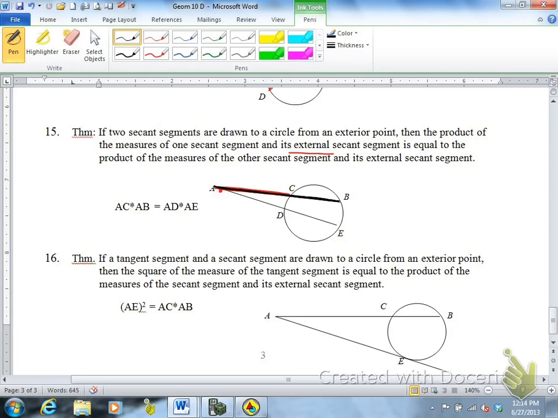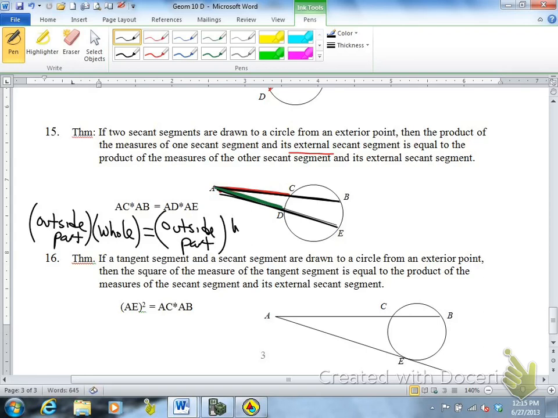It's a little different than the last one. You have a part times the whole: the outside part times the whole length equals the same thing. On the next one we have AD, the outside part, times the whole length AE.